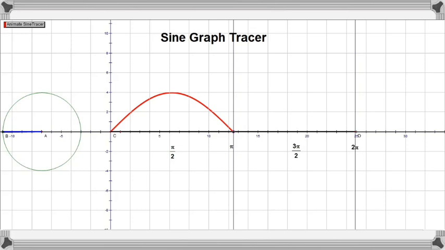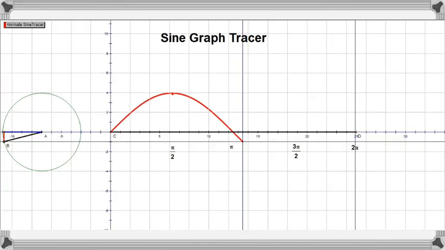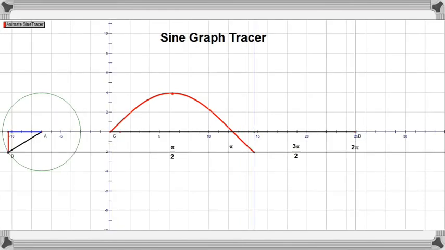Now, into the third quadrant we go, and as we see now, sine has reached negative values, because that vertical line in the little triangle, that red vertical line in the triangle in the unit circle on the left, is now negative, because we're in the negative y realm under the x-axis.